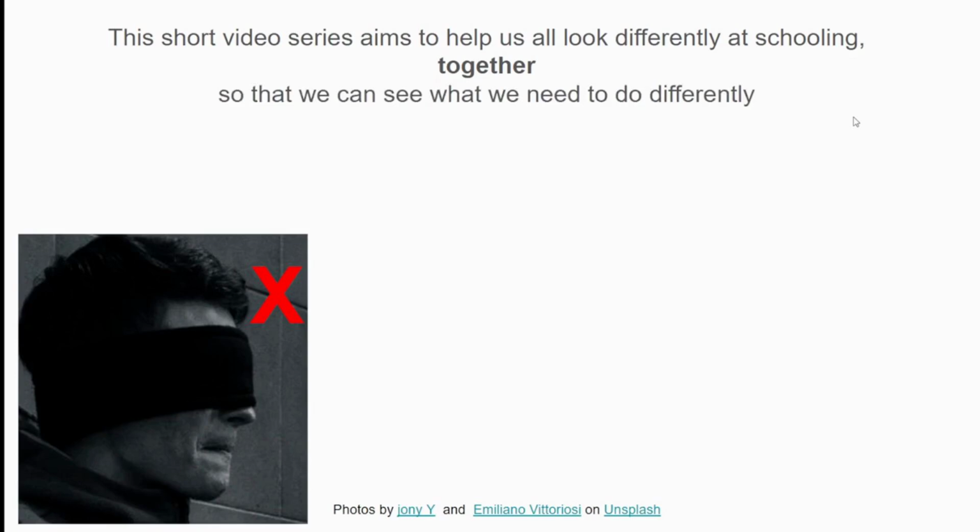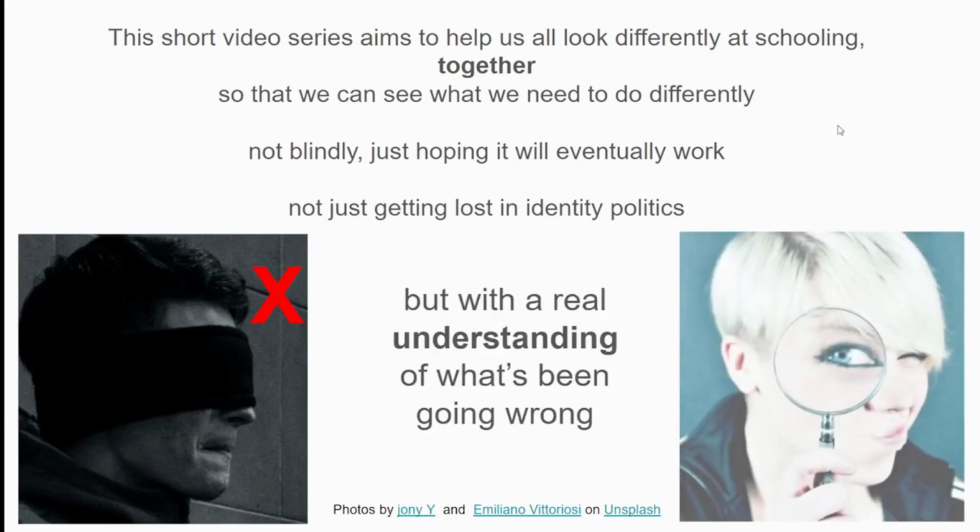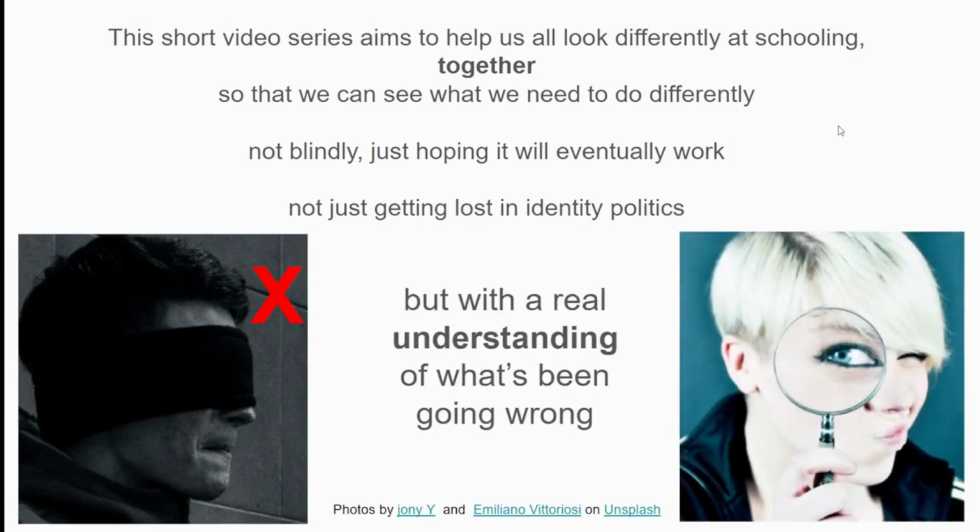And in order to do that, we need to see differently so that we can see what we need to do differently. Not blindly, just hoping something will eventually work, and not just getting lost in identity politics where I'll say the opposite to you because you're from the opposite group, but with a real understanding of what it is that's been going wrong, so that we can actually change it in a way that is effective and good for all of us.